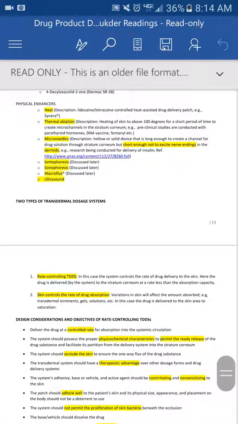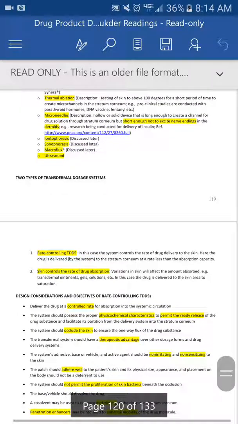Physical enhancers: heat. Heat itself will help dilate everything and relax things and increase the reaction rates, and everything just loves to absorb in heat. Thermoablation: heating of the skin above 100 degrees for a short period of time to create microchannels in the stratum corneum. Preclinical studies, that's crazy.